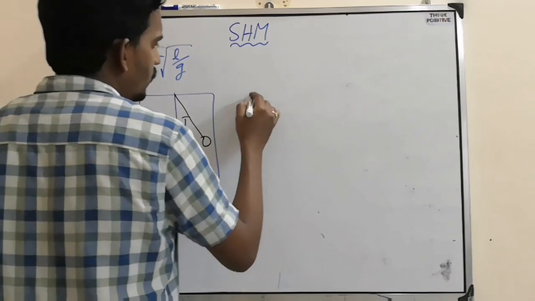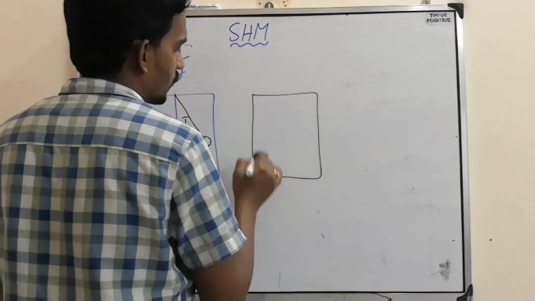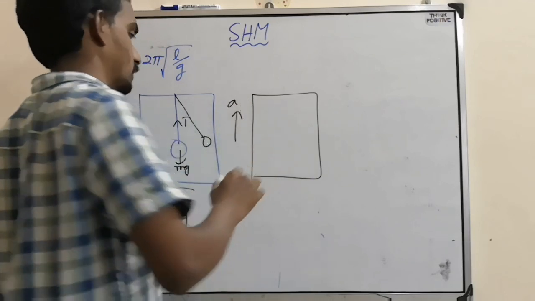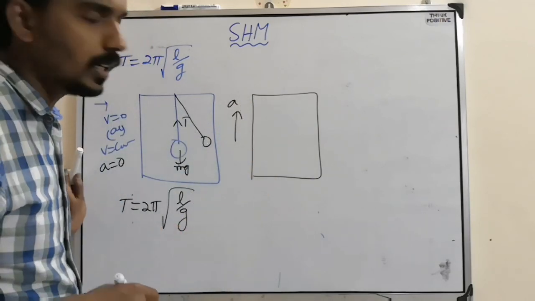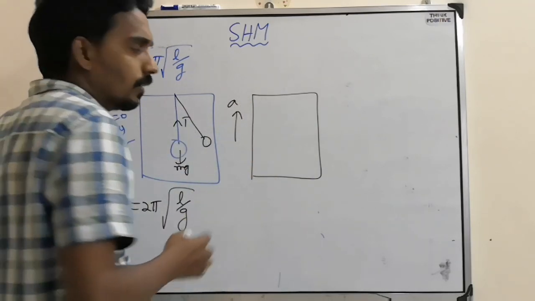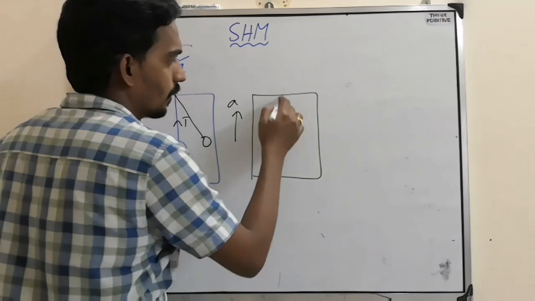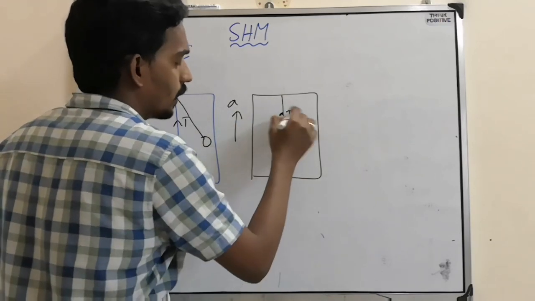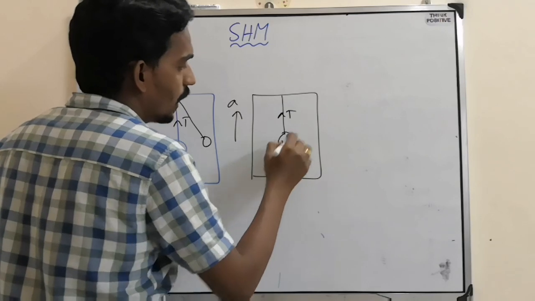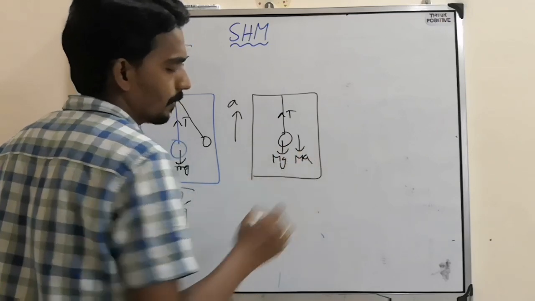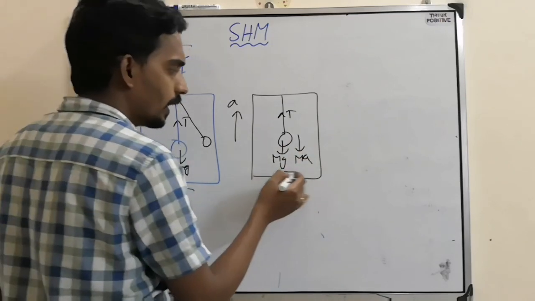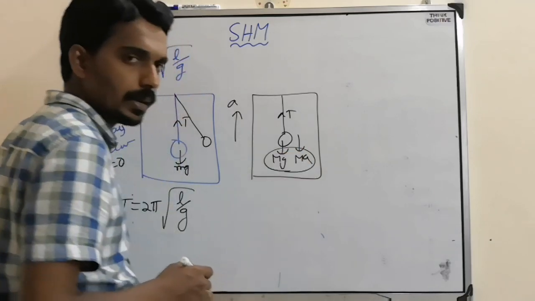Or when you consider the same lift going up with positive acceleration a, then tension, mg and one pseudo force ma, so that the net force will become mg plus ma.